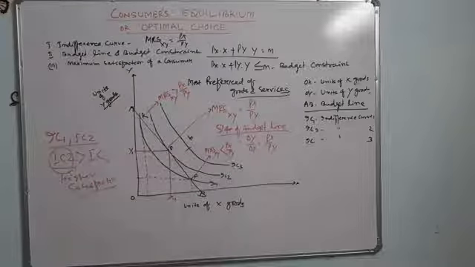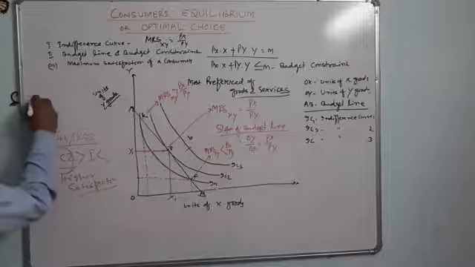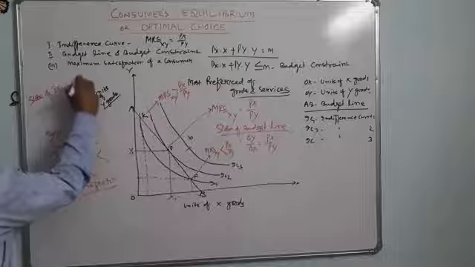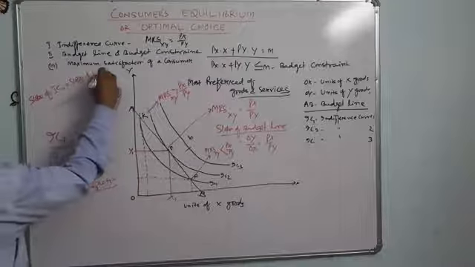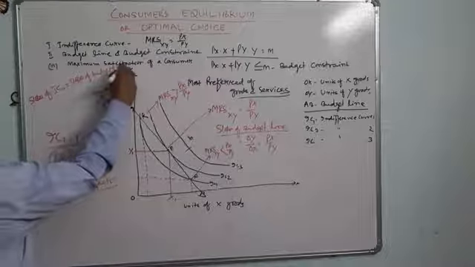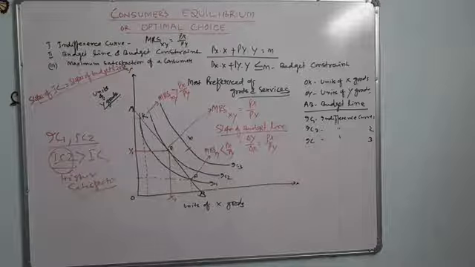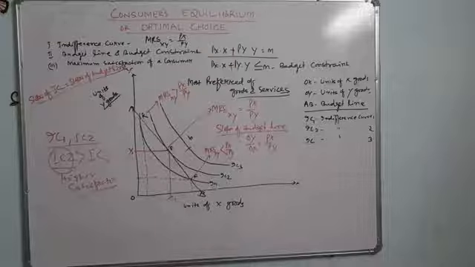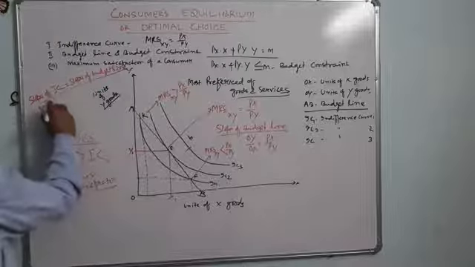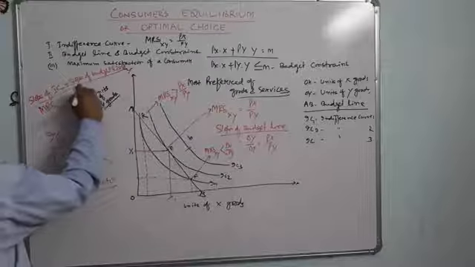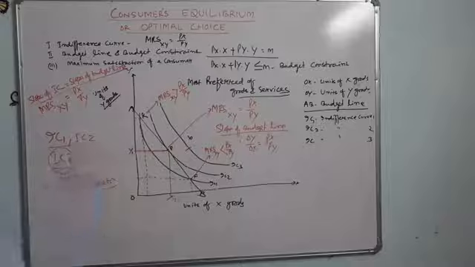That is the optimal choice because the slope of the indifference curve is equal to the slope of the budget line. That is, as I have already said, the marginal rate of substitution of X for Y equals price X upon price Y.